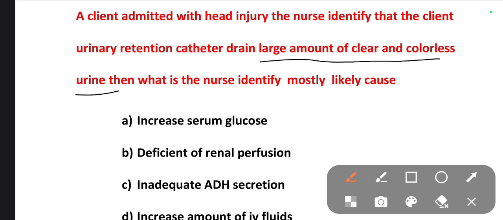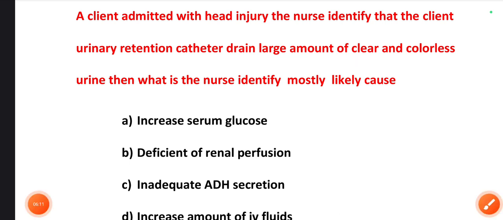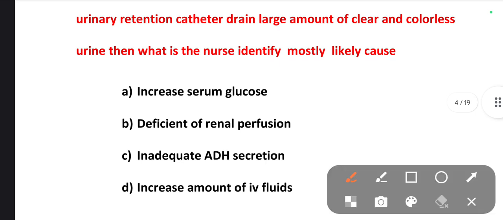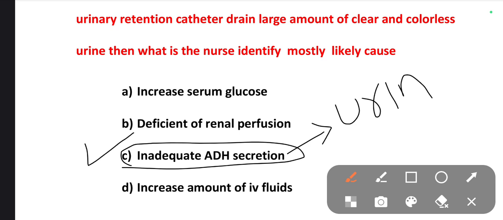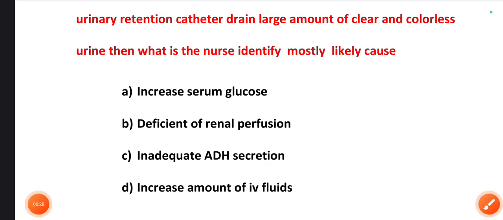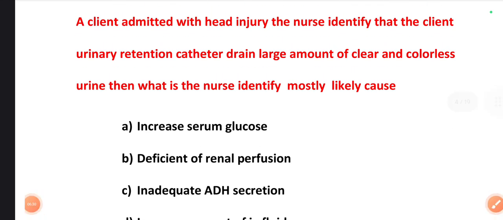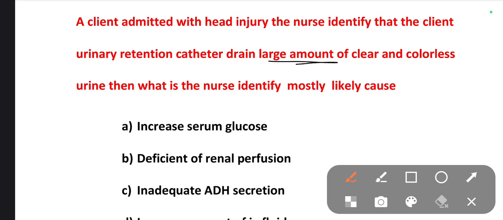When there is inadequate ADH secretion, the kidneys produce more urine. So this is the right answer, option C. Inadequate ADH secretion can lead to a large amount of colorless urine. So in the case of head injury, there is a risk of pituitary gland damage.